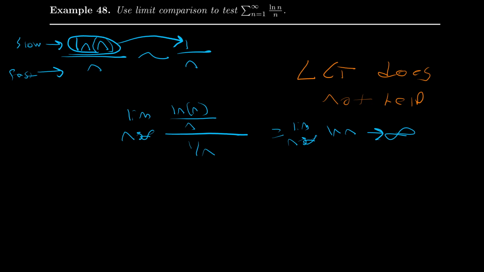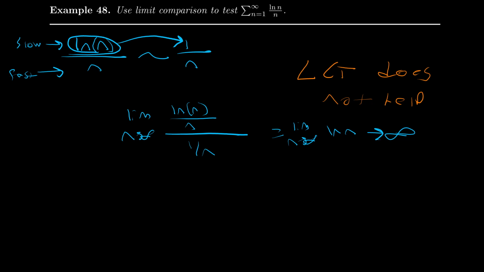Now, you could use a direct comparison test, right? You could notice that as long as n is bigger than or equal to 3, that is eventually, natural log of n is going to be greater than 1. So, natural log of n over n is going to be bigger than or equal to 1 over n. Therefore, the whole thing will diverge.